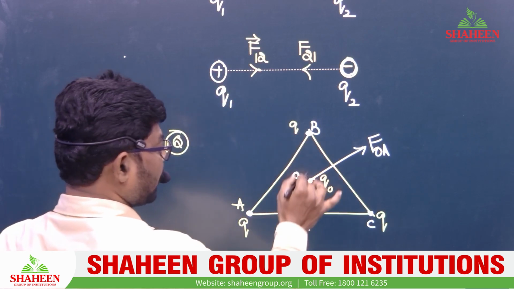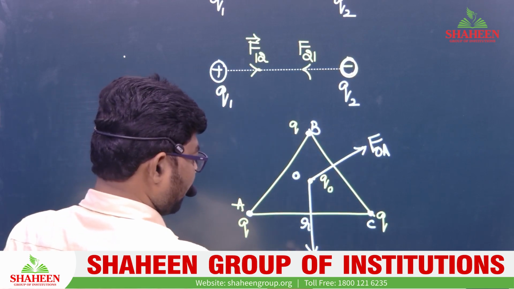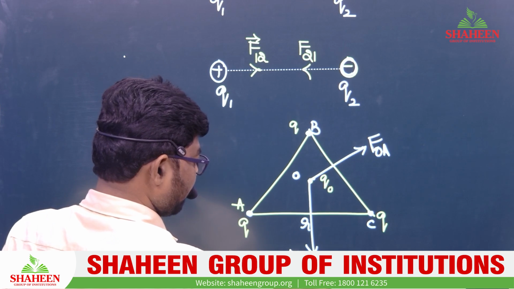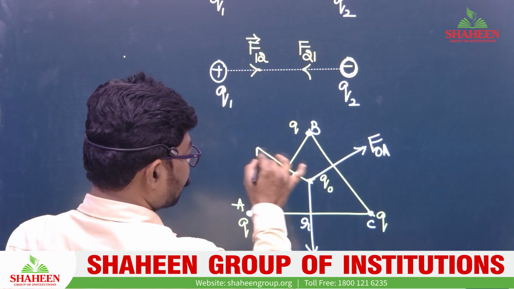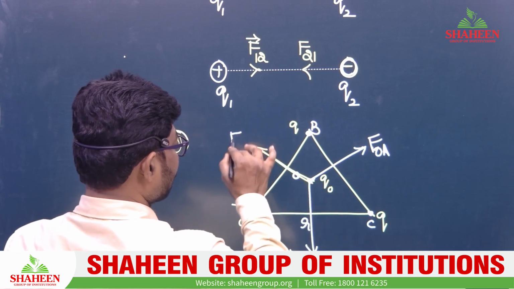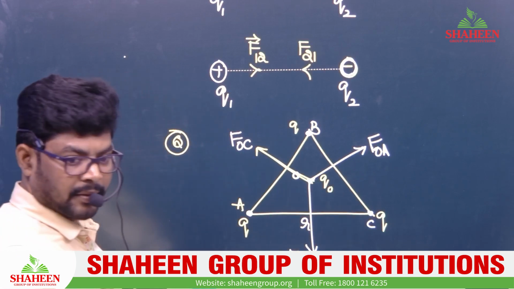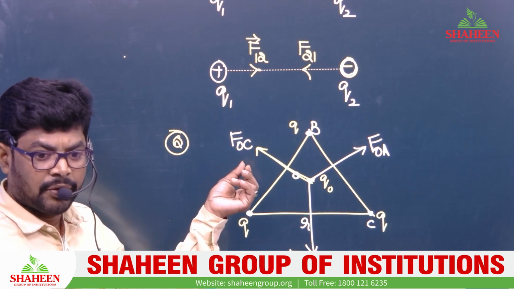Force on O due to B, it is also away. Force on O due to C, it is also away because of positive charges.